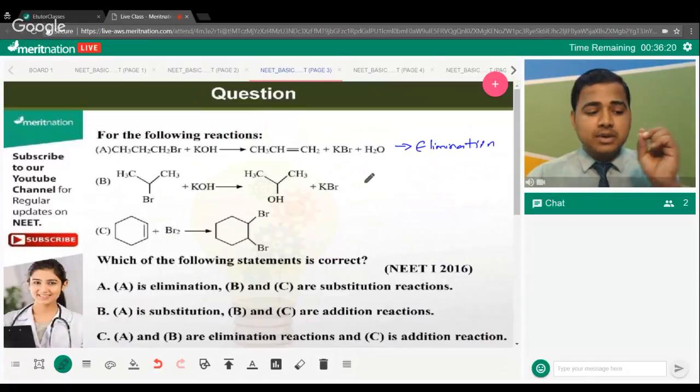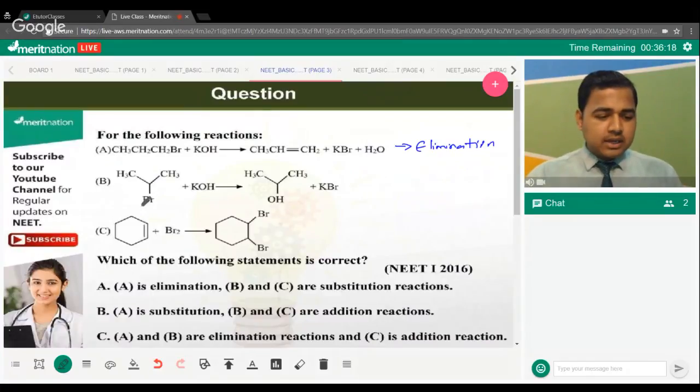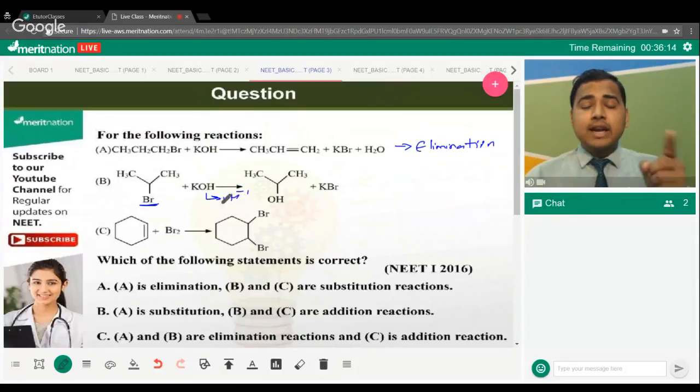So this is an elimination reaction. In the next, you can see this is bromine and this is OH negative. Br negative is leaving and OH negative is coming, so it is a nucleophilic substitution. So it is a substitution reaction.